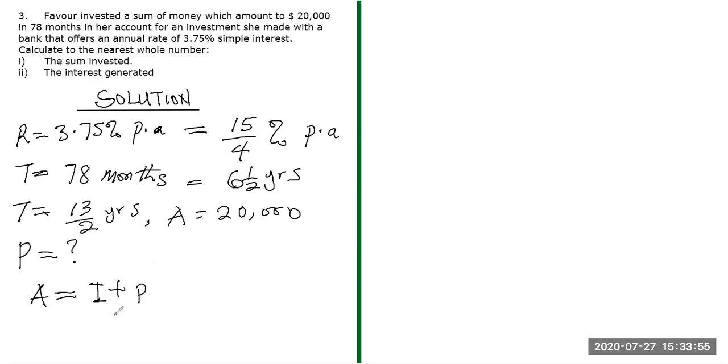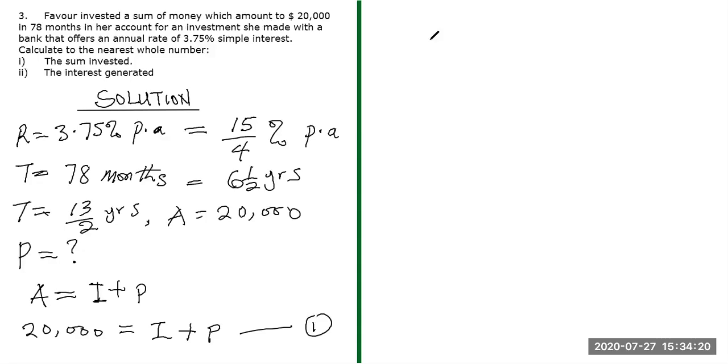And when we substitute into this formula, we now have 20,000 is equal to I, we don't know, plus P, we don't also know. So this is equation 1. Since we don't know I and P, and of course for mathematical consistency, since there are 2 unknown variables, it means that there must be 2 equations to solve this problem.